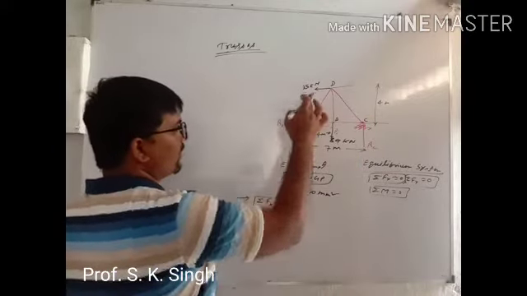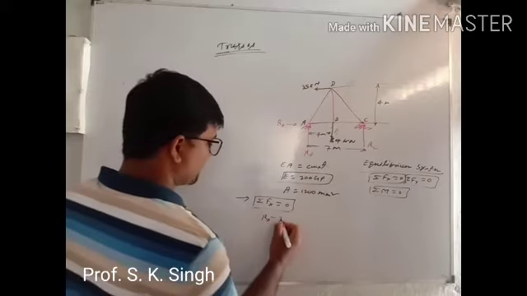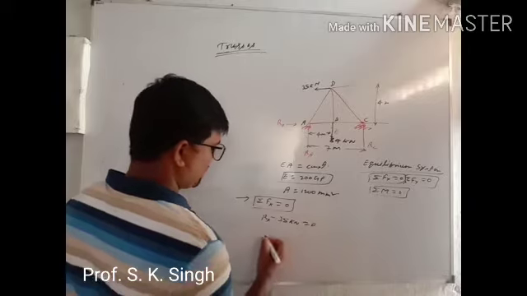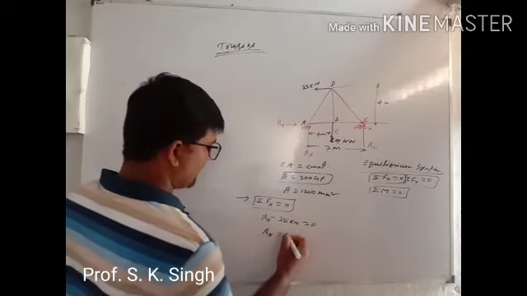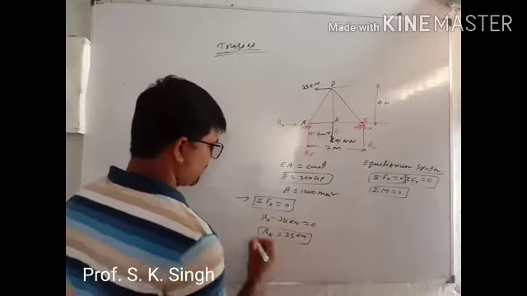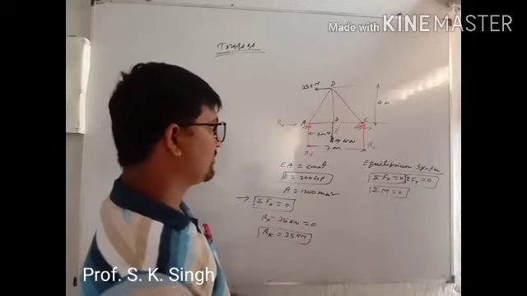So Rx minus 35 kilonewton equal to 0. So Rx is 35 kilonewton.